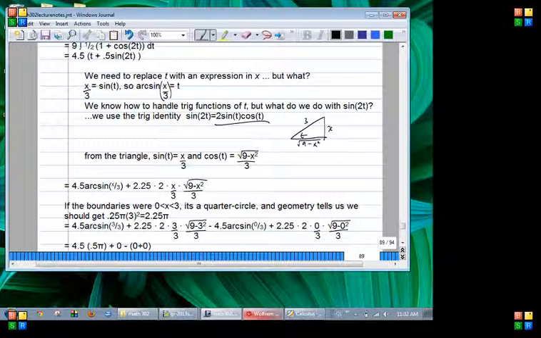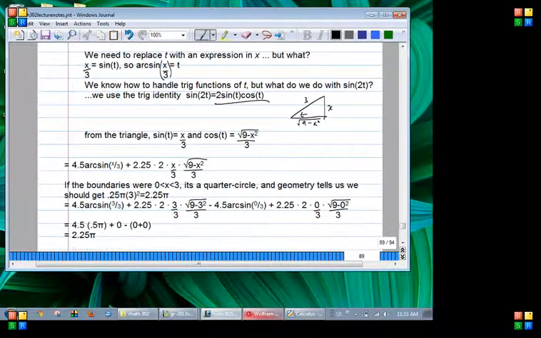Well, what is arc sine of 1? The angle whose sine is 1 is 90 degrees, which is pi over 2. So 4.5 times half pi is 2.25 pi. So this lets us evaluate it from 0 to 3, but now we can actually do the integral and evaluate on any boundaries we want, because we have this new technique.